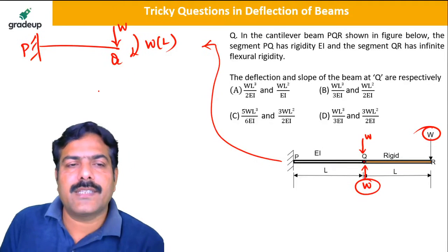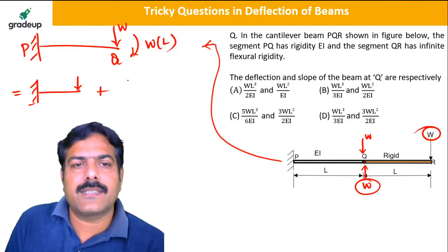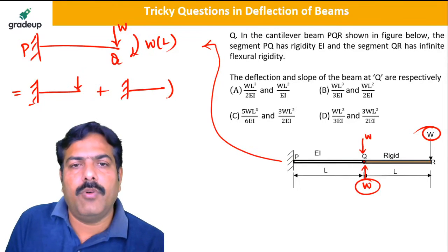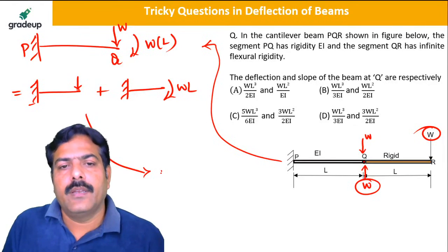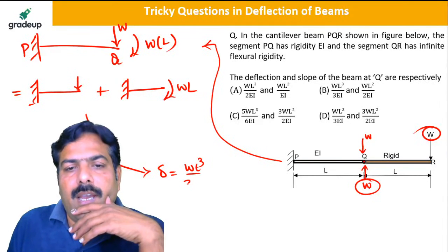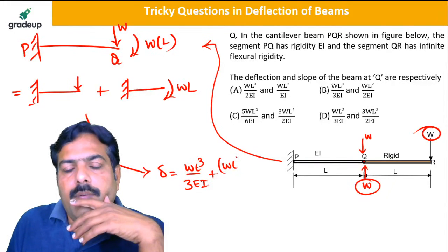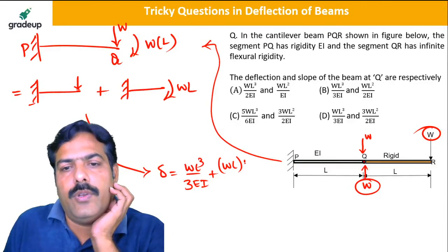So in this case, this is also equal to a cantilever end load W plus a cantilever external moment W into L. So what is the answer for the deflection? Deflection is equal to WL cube by 3EI plus WL into L by 2 divided by EI.